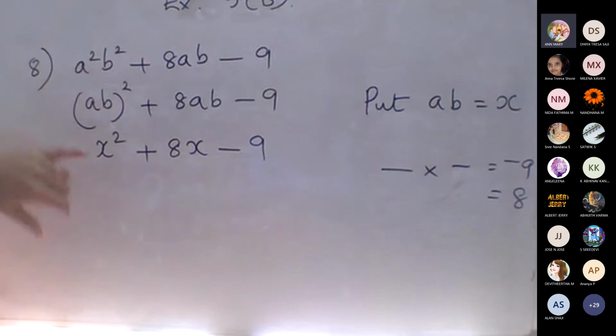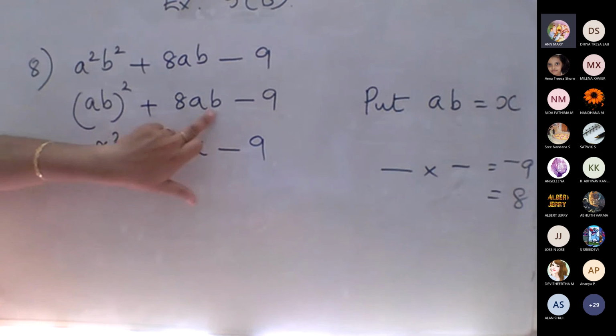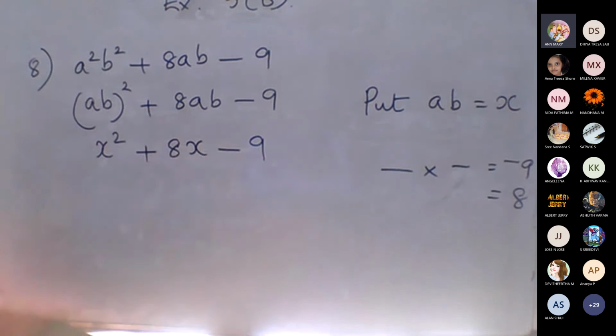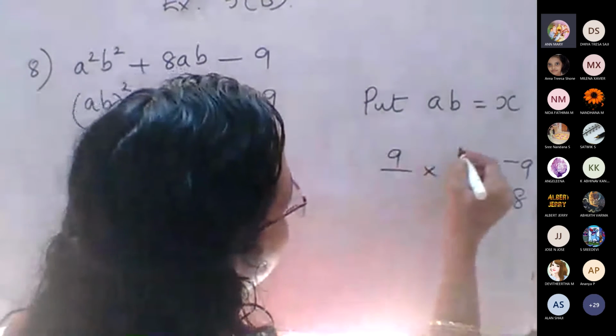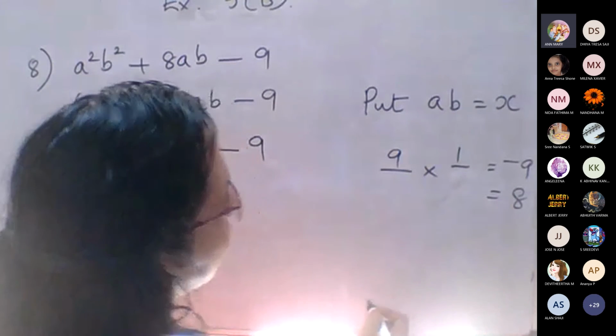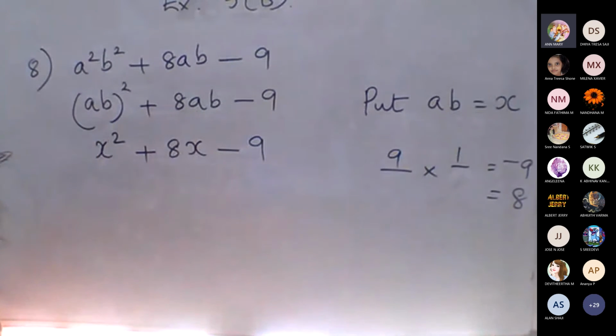Put ab as x. So our question will become x square plus 8x minus 9. So which are the two numbers? Negative 9 and 8. Rough calculation is 9 and 1.